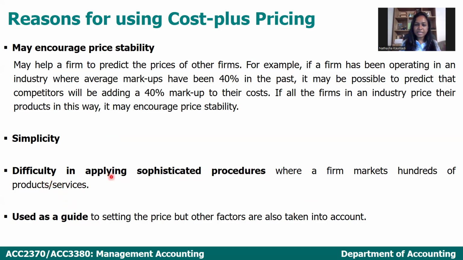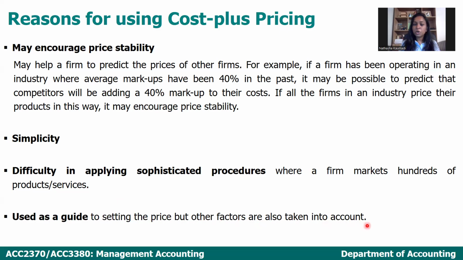Maybe you can easily take the cost of the product, but it is very sophisticated if you have so many products, and individually you need to think about other factors affecting the price. But if you take cost plus pricing, then it is easy. Anyway, you know the cost, you can add a markup and decide the selling price. Use as a guide to setting the price, but other factors are also taken into account.